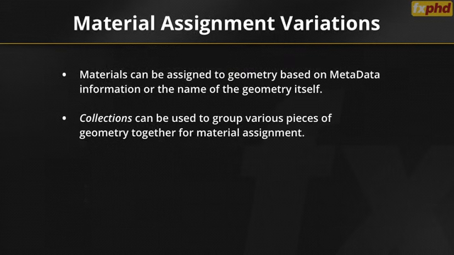Now, the material assignment can be done in different methods, and it's very, very interesting the way this works. Materials can be assigned to geometry based on the metadata information, and they can also be assigned based on the geometry name itself. So imagine you've worked hard in Maya to make sure everything is labeled correctly.